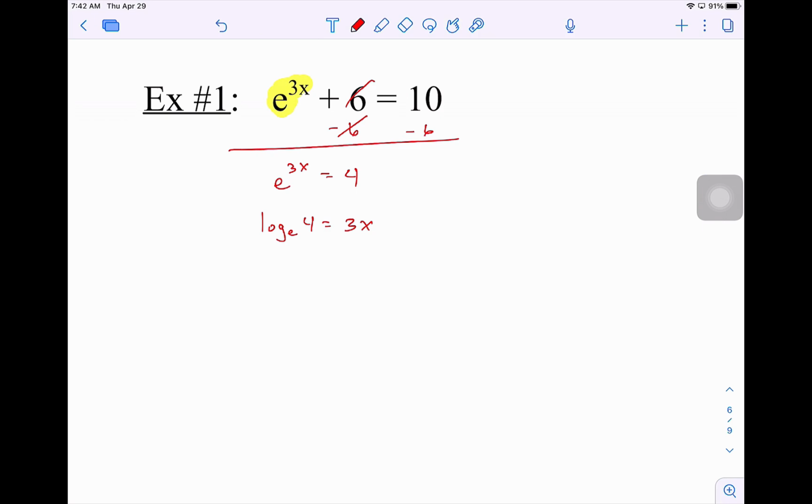By definition, a natural log is a log base e. So really what this says is you're taking the natural log of 4 equal to 3x. Because the natural log, this log base e, written as the natural log of 4 is exactly the same thing. Okay? Natural logs are log base e. So it's the exact same thing. And now what's the only step left to solve for x?